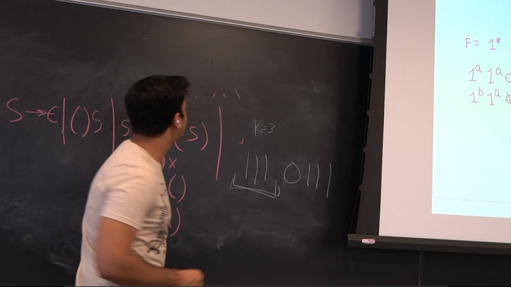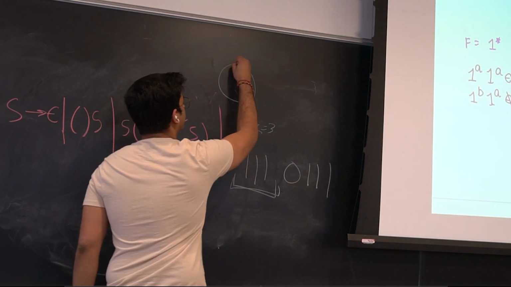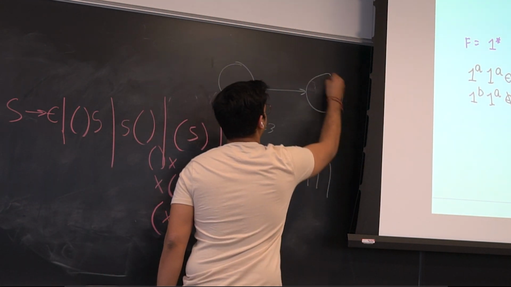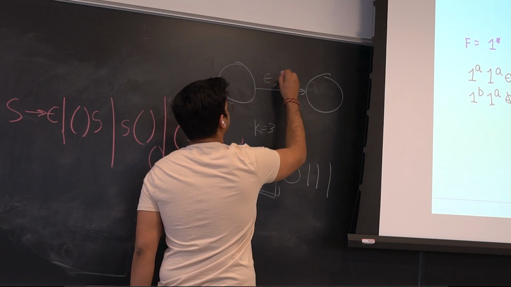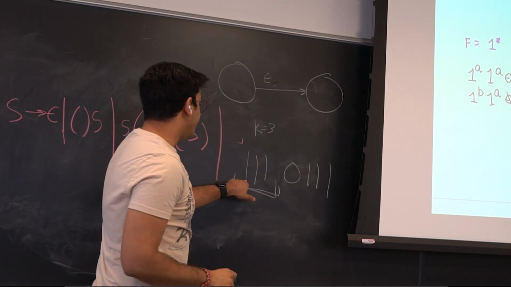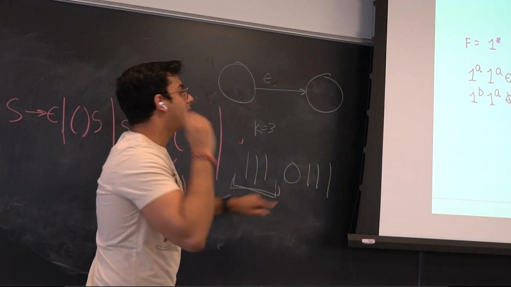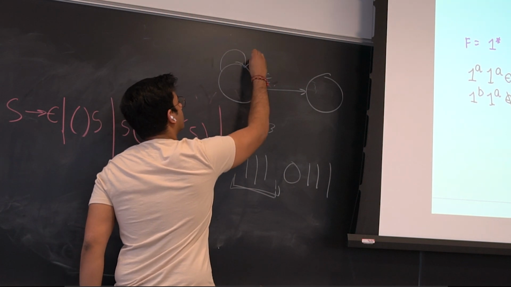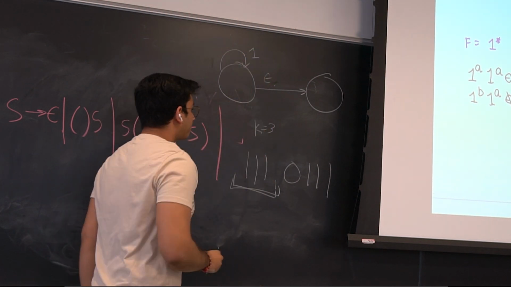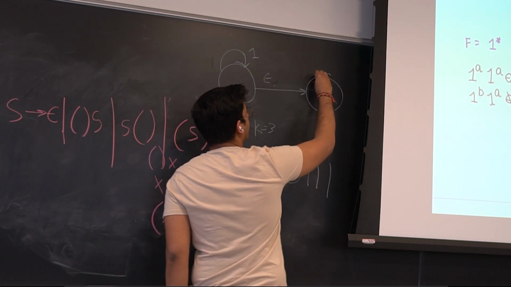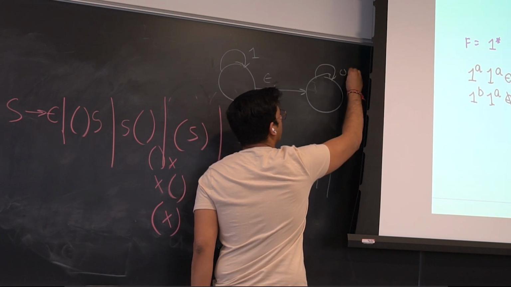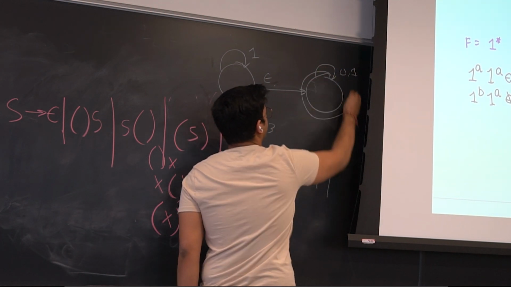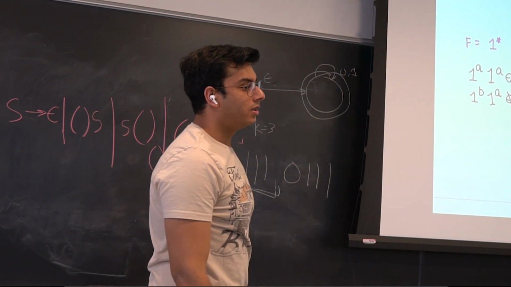So the approach was, what if I tried building an NFA to accept this language? Maybe it's regular. So I try to build an NFA. I get an epsilon transition, let's say here, and I guess that I've read k ones. Let's say I make a guess. And then I put 0, 1 here. I absorb the rest of the ones and see that I've accepted.